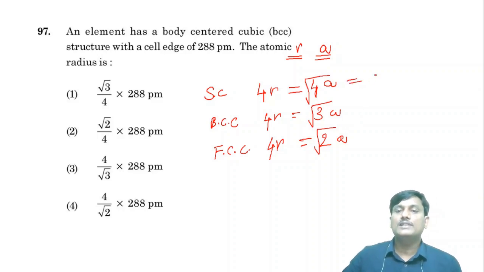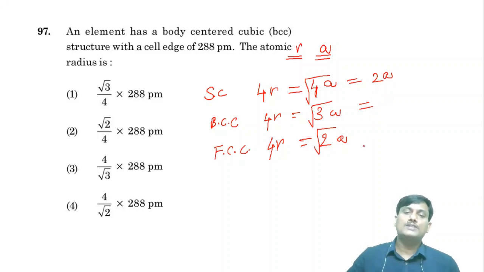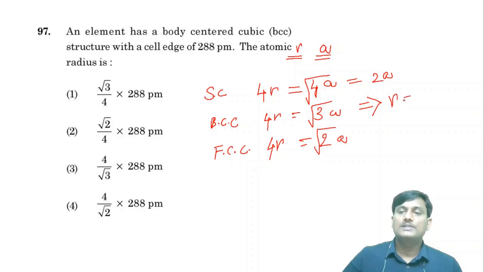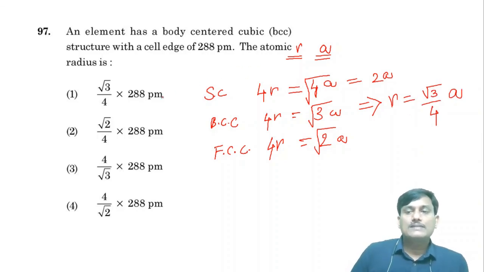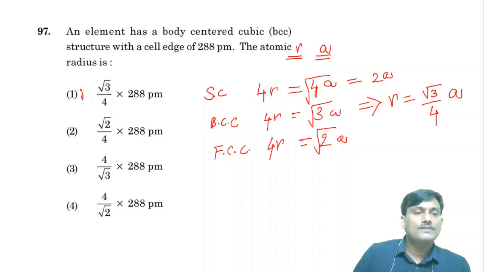So finally you will get 4r is equal to 2a, this one is root 3 a, and this one is root 2 a. So if you take BCC, what is the relation between r and a? So r is equal to root 3 by 4 a. So from this you can say here r is equal to root 3 by 4 a.